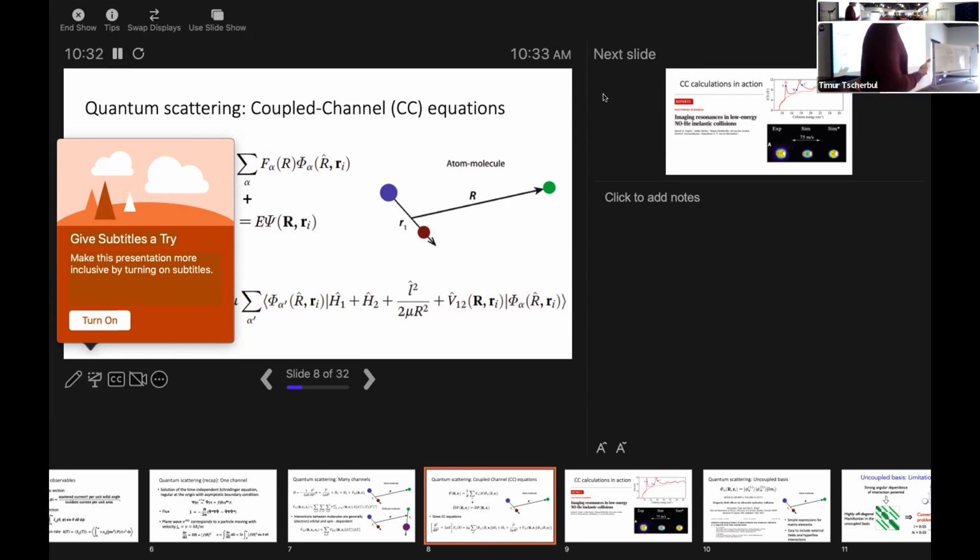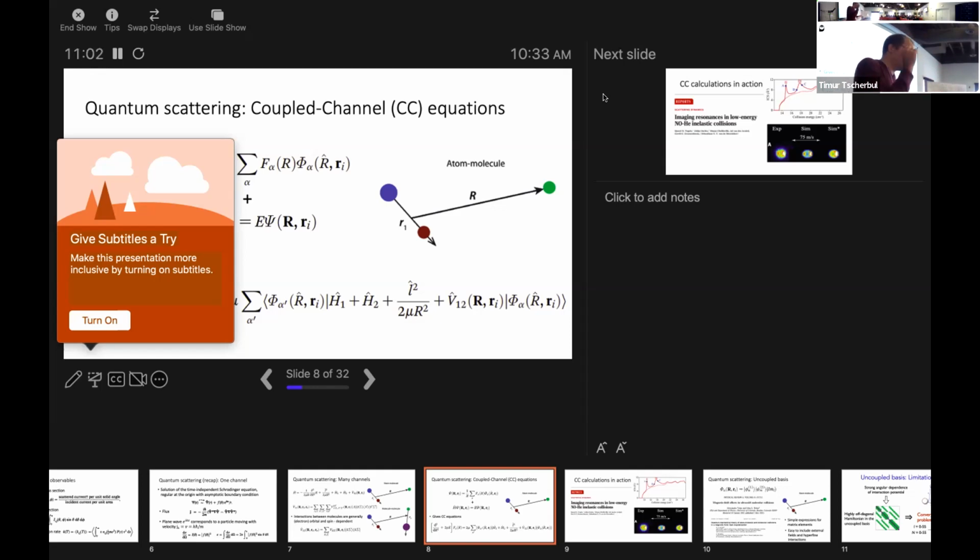And of course, this is not specific to molecular physics. These equations were first derived in the nuclear physics community in the 50s, I believe, or maybe the 60s. Most of the theoretical science was due to the nuclear physics community, and then molecular physicists jumped in and took advantage of this vast nuclear physics literature in the 70s.